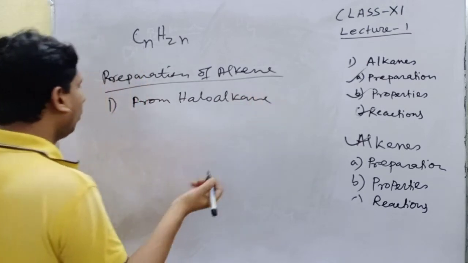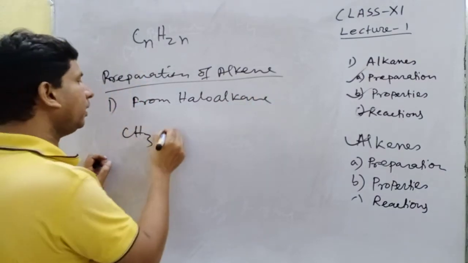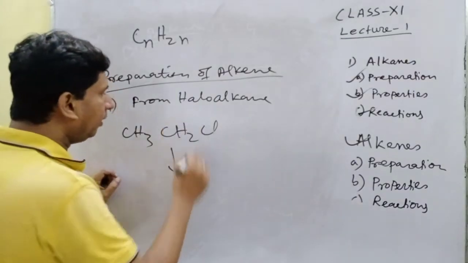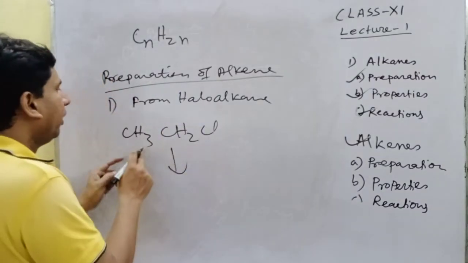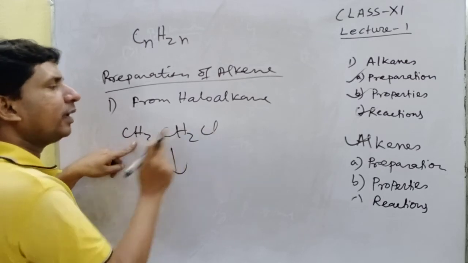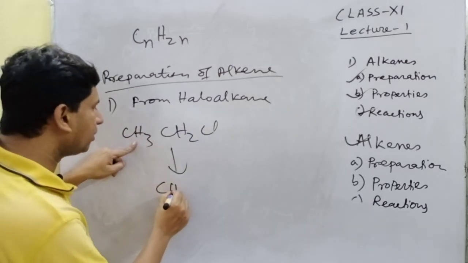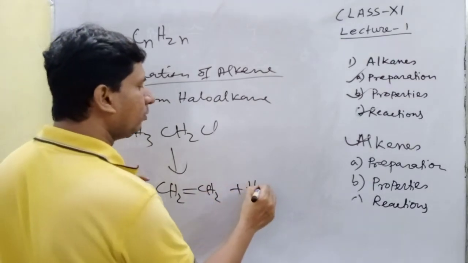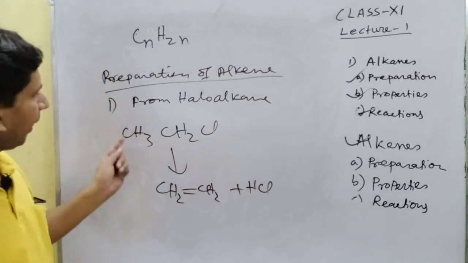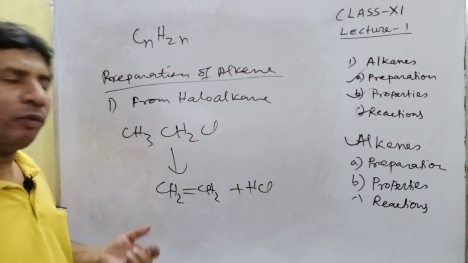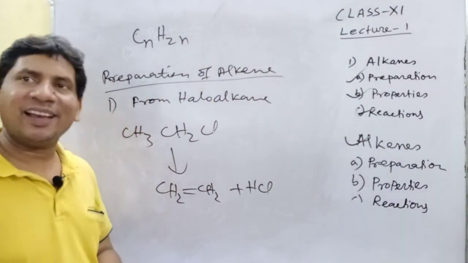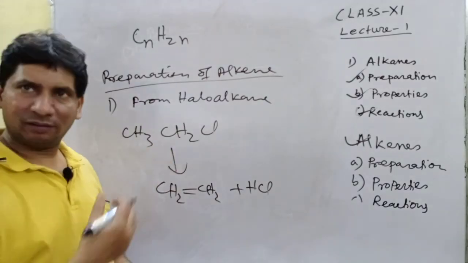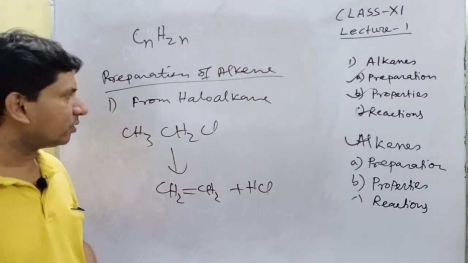What is haloalkane? Let us consider CH3 CH2 Cl. If we remove one H from here and Cl from here, then we can get CH2 double bond CH2 plus HCl. Now how can we remove HCl? HCl is an acid, so this type of acid we remove by using a base.